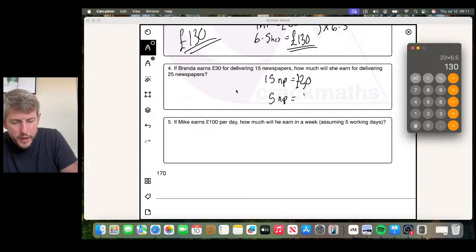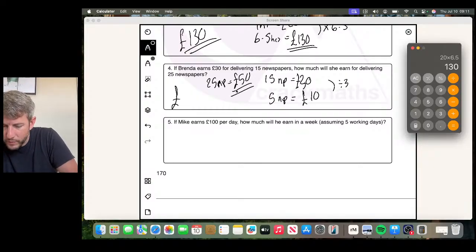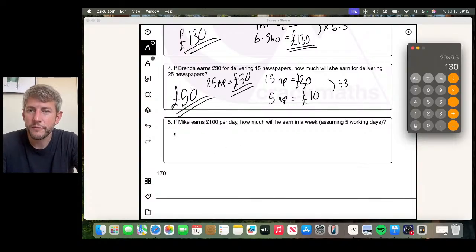So 5 newspapers will be this divided by 3, so that will be £10. And then 25 newspapers will equal this times 5, so that will be £50. There we go, that will be the answer to that one.